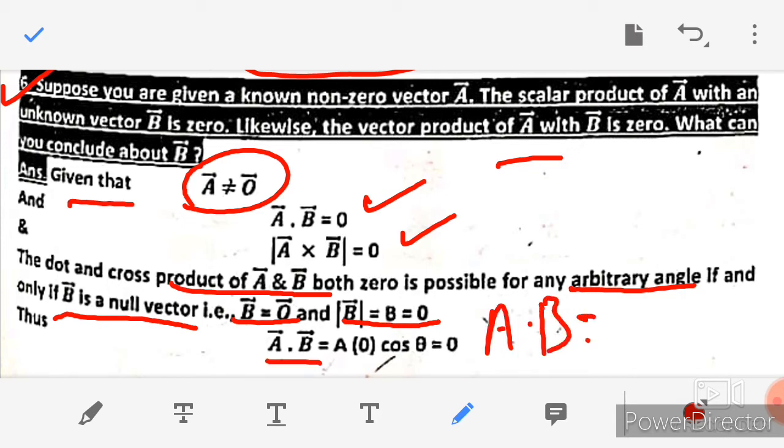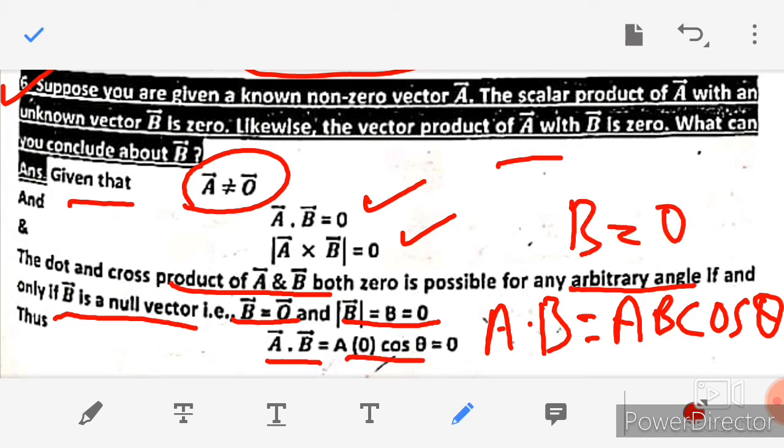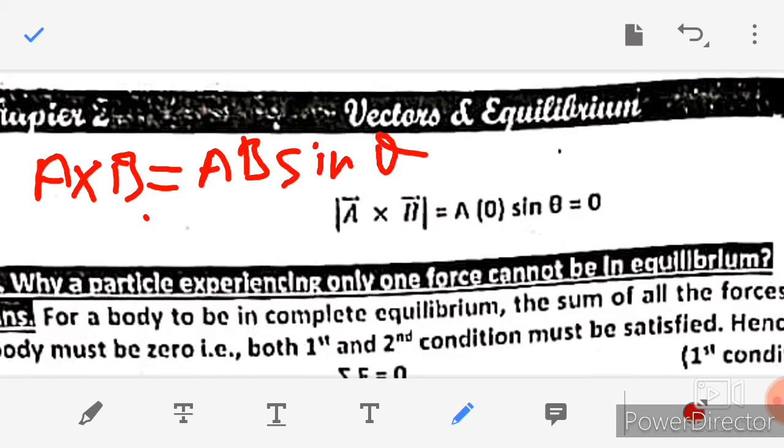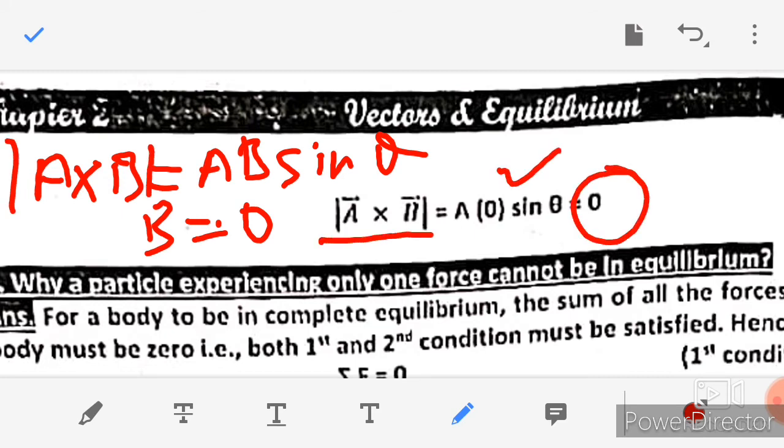A dot B is equal to AB cos theta, and here B is equal to 0, so this whole equation becomes 0. And for the cross product, A cross B is equal to AB sin theta, and where B is equal to 0, this whole equation becomes 0. So the cross product and the dot product are equal to 0 if and only if B is equal to 0, or null.